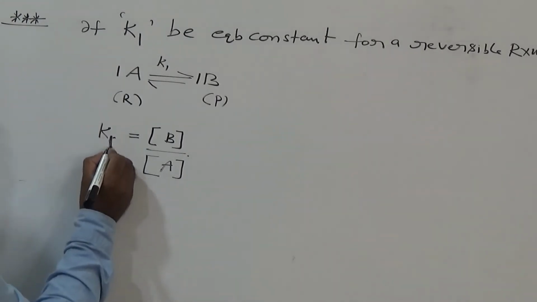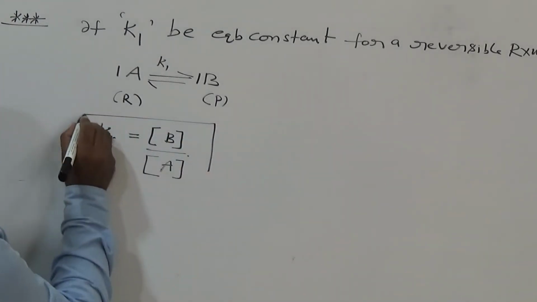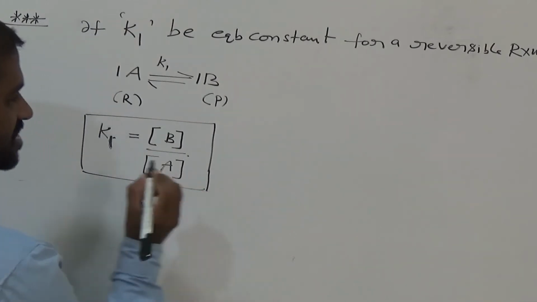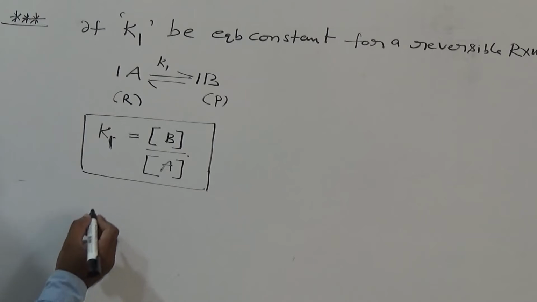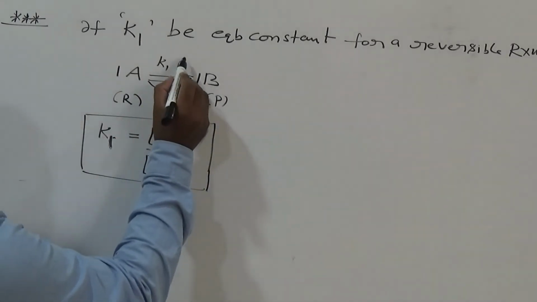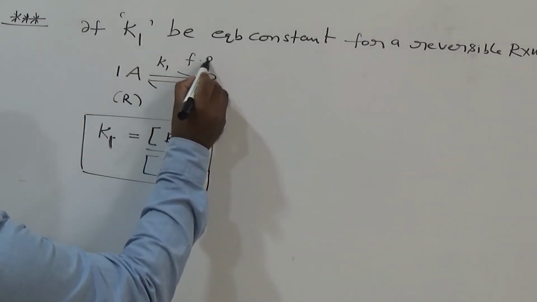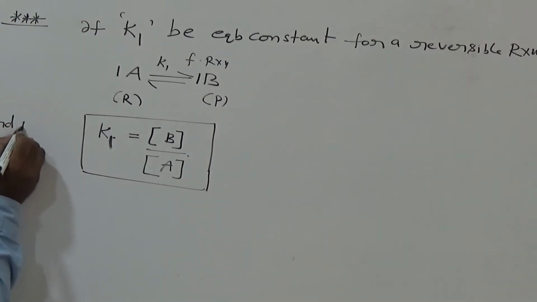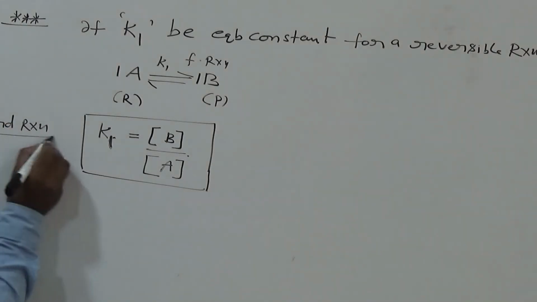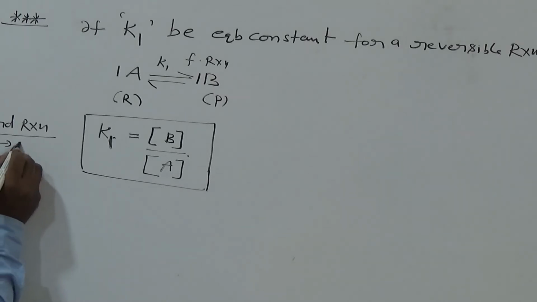So this is K1 for the above reaction. Now this is the forward reaction, you know. Forward reaction A to B, suppose. This expression is for the forward reaction, that is A to B.